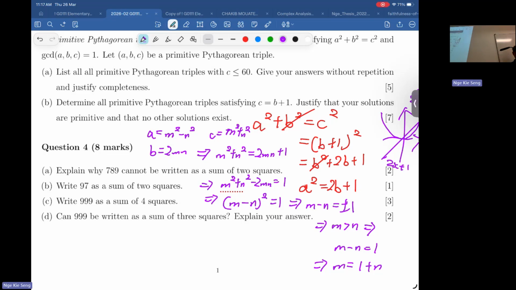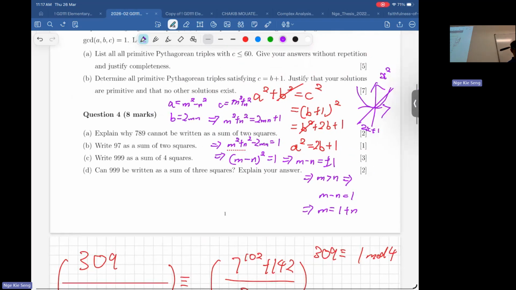I think we're not done yet, right? Substitute back. If I substitute back, what do I get?